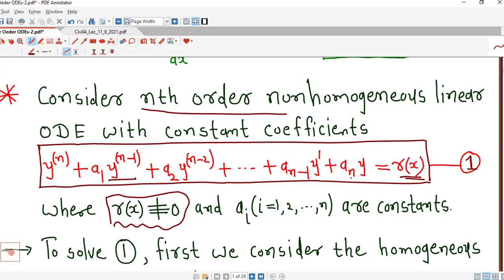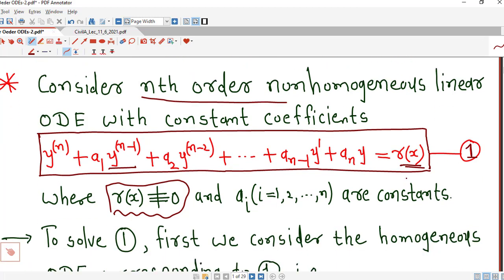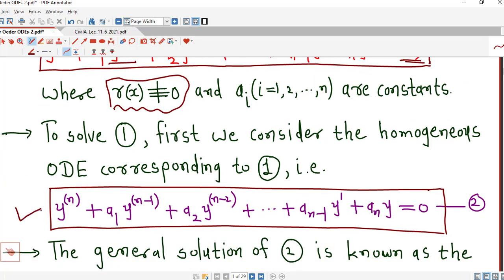So to solve this non-homogeneous equation, first we will consider the right hand side equal to 0, and we will consider the homogeneous differential equation corresponding to equation number 1. So if we consider right hand side equal to 0, then we obtain equation number 2, which is a homogeneous linear differential equation with constant coefficients, and we know how to solve this equation.